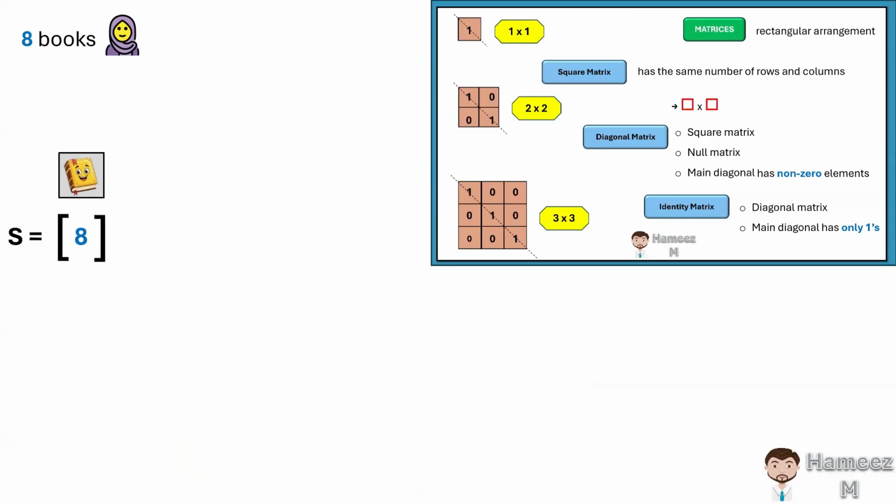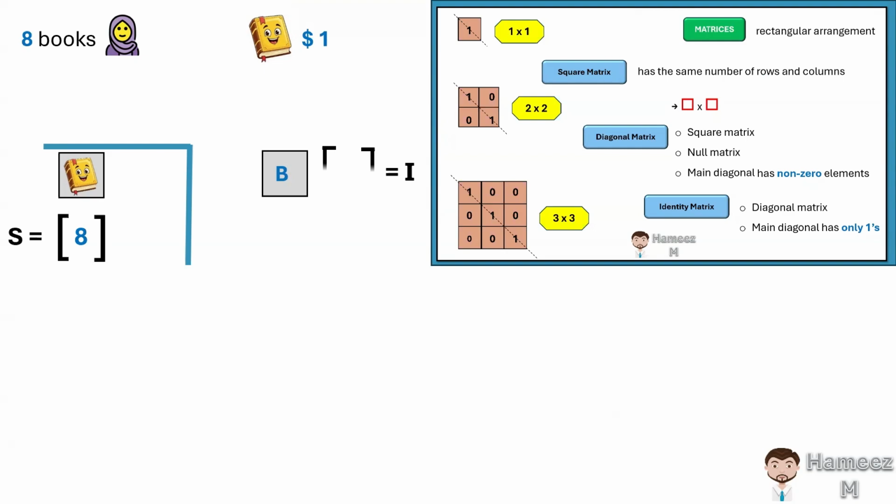So she has a 1 by 1 matrix representing her needs. And the cost of books is $1. As such, when she goes to the bookstore, and that's a compartment for it, then the cost is 1. So we put it up there.